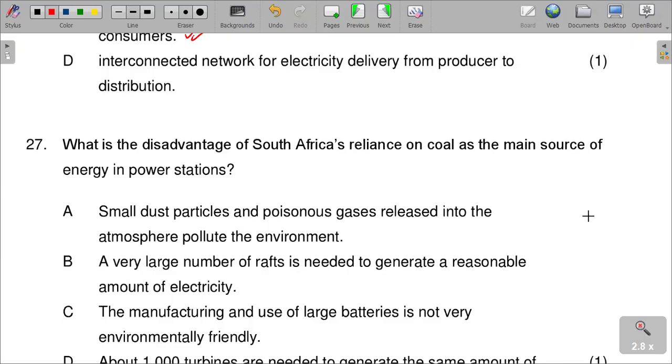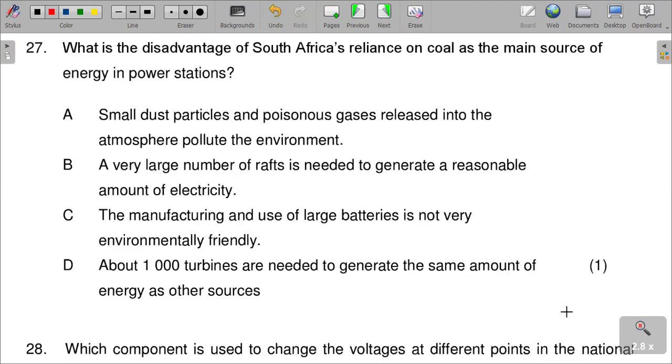That can actually be very correct. We are saying manufacturing and use of large batteries is not very environmentally friendly. So our answer has to do with the poisonous gases released into the atmosphere, which pollute the environment. Therefore, we can say A is the best answer.